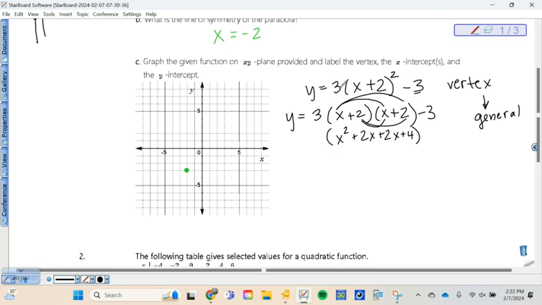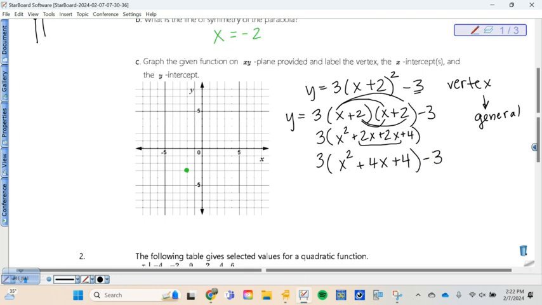Now, this 3 is multiplying this. So that's my next step, is I need to distribute this 3 to everything inside. But let's clean this up a little bit because I have these two like terms here. So it really is 3 times x squared plus 4x plus 4, and then minus 3.